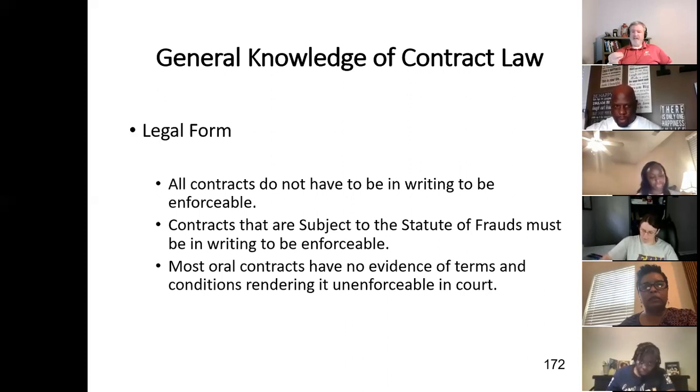Now, I'm going to give you a little heads up: real estate would be subject to the statute of frauds. So contracts of sale must be in writing if they're going to be enforceable.